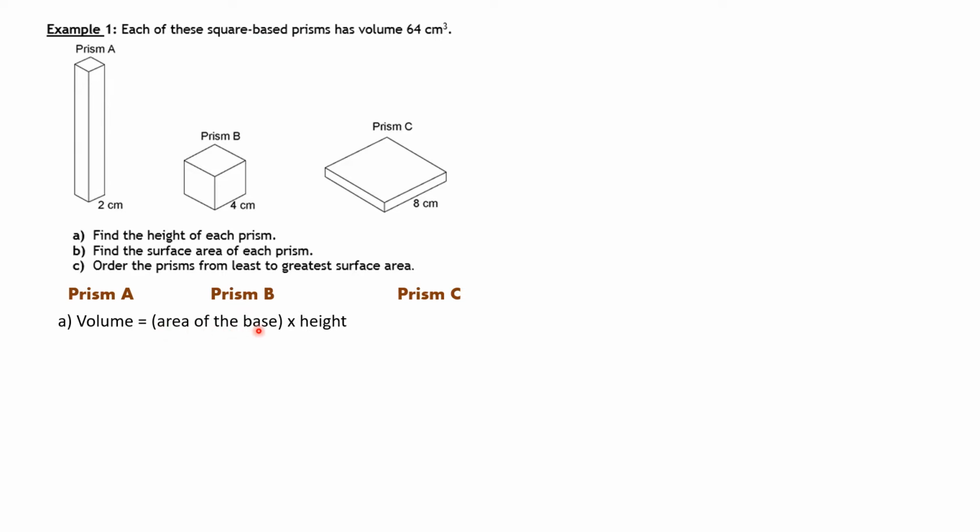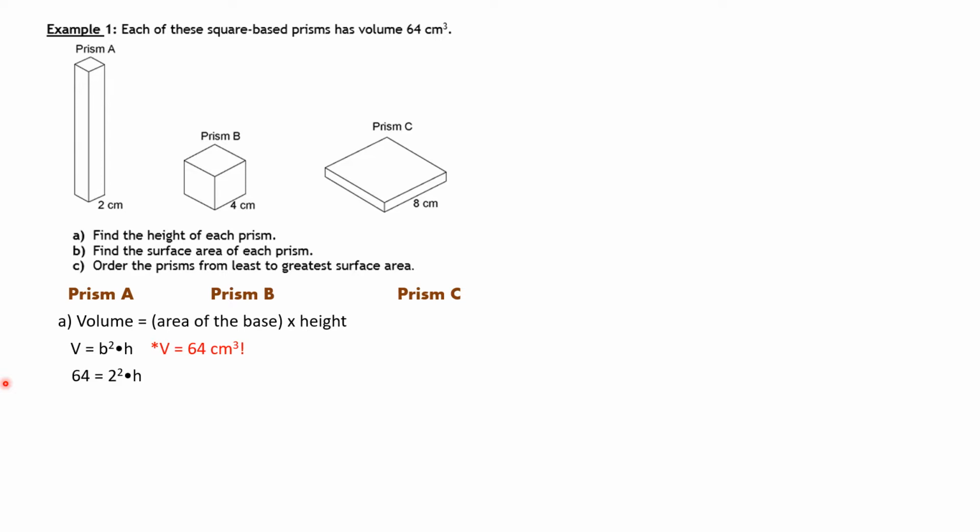So the area of the base is really the area of the bottom square, and then you multiply that by the height. So we can put b squared. We also know the volume is 64 cubic centimeters, so I can sub that in for V. My base is b squared. You could use L squared or W squared, since your bottom dimension is the same.